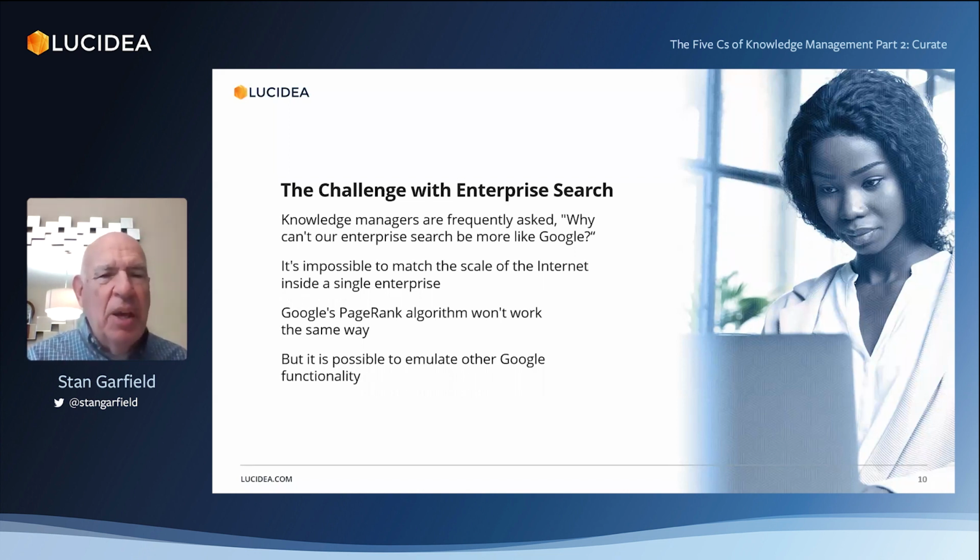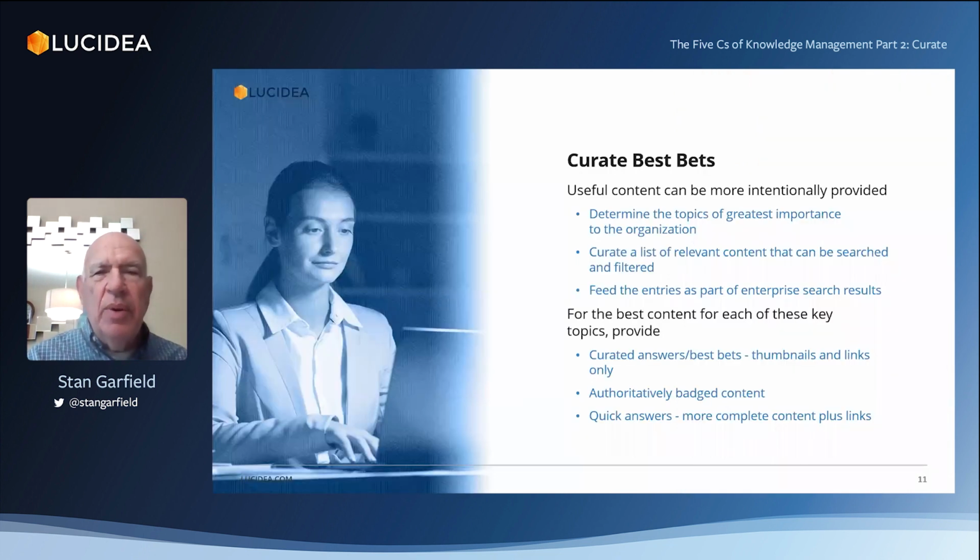But it is possible to emulate other functionality that Google offers other than this PageRank algorithm. One way of doing that is to curate search best bets. So we've all had the experience of working with Google and seeing results come up in search results that aren't requiring you to click on a link and go through.